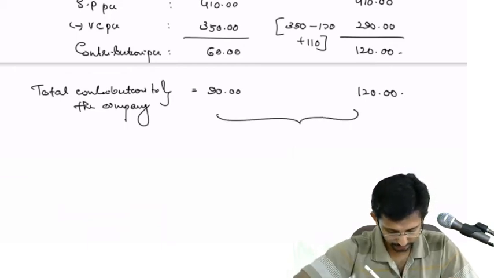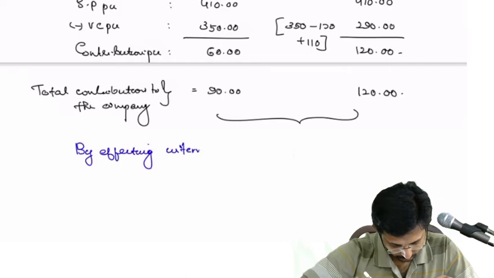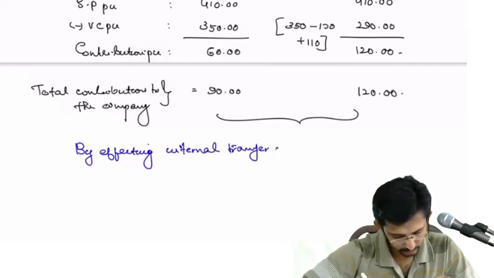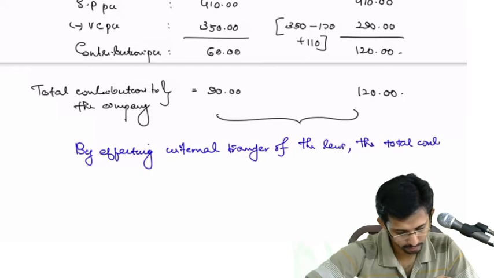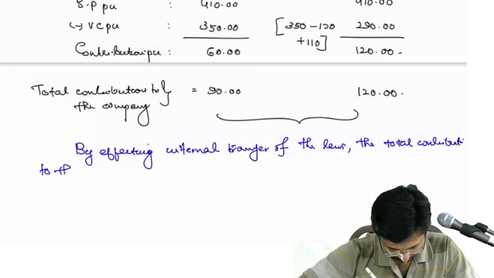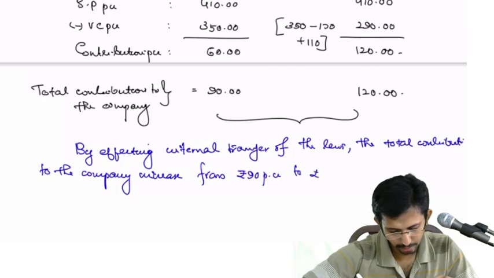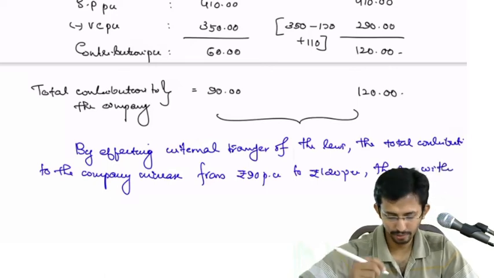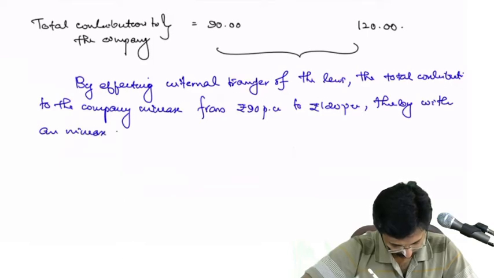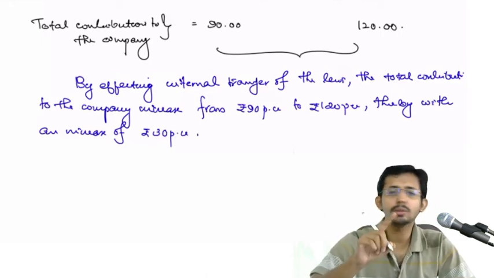The conclusion here is, by effecting internal transfer of the lens, the total contribution to the company increases from rupees 90 per unit to rupees 120 per unit, thereby with an increase of rupees 30 per unit.